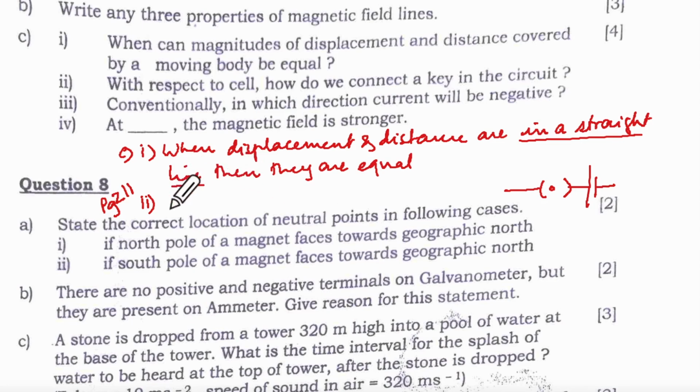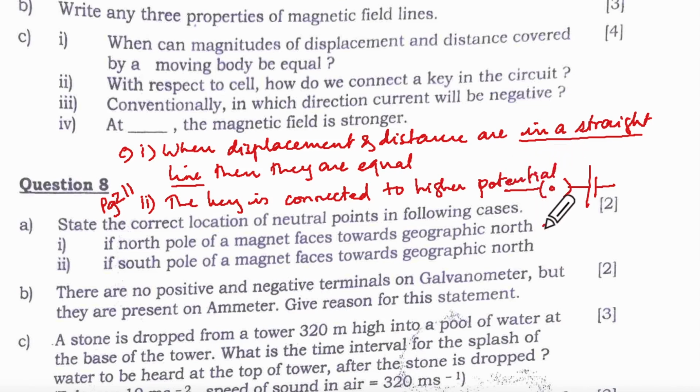No, nothing. Okay. So we will write over there that the key is connected to higher potential of the cell, in bracket the positive terminal.